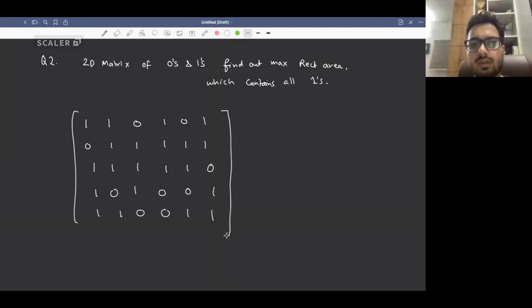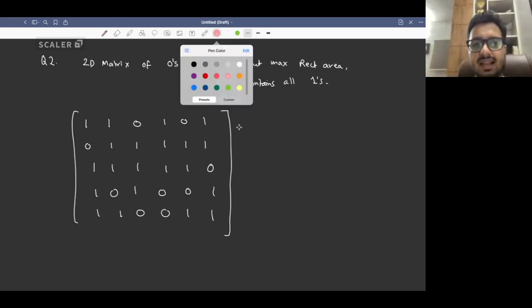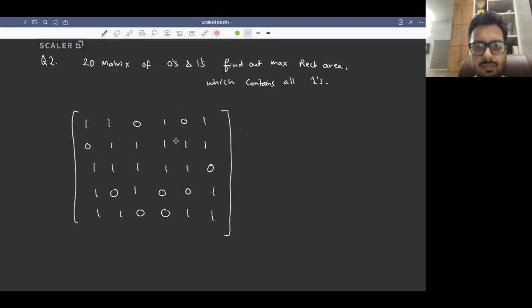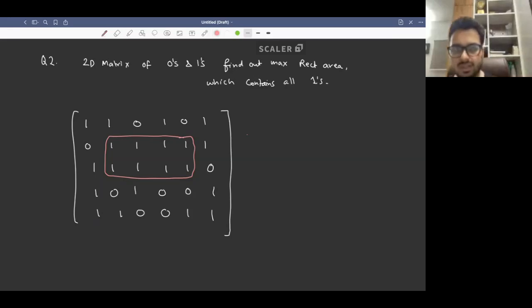I want to find out the maximum rectangle which contains all the ones. Who will tell me how big is the rectangle here? Maybe by directly looking, this seems like the rectangle. Any other rectangle which is bigger than this? Tell me. Any other rectangle do you see it's bigger than this? No, we don't see this, right? Okay, fine.